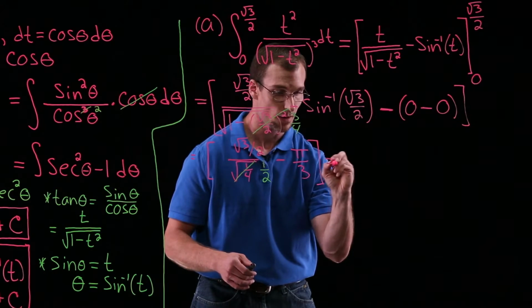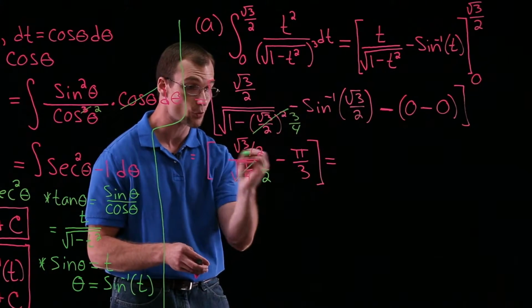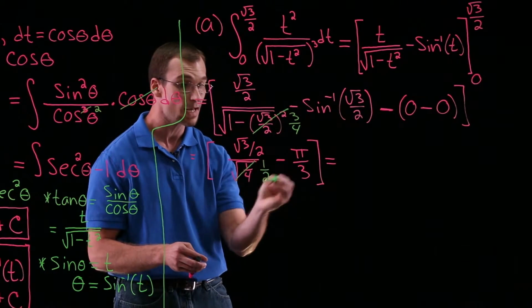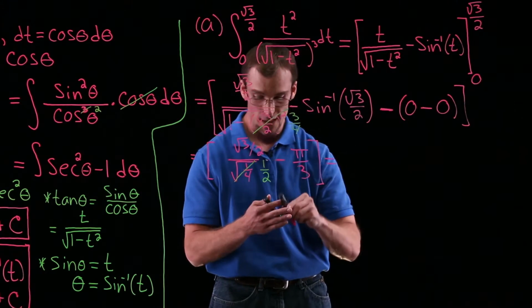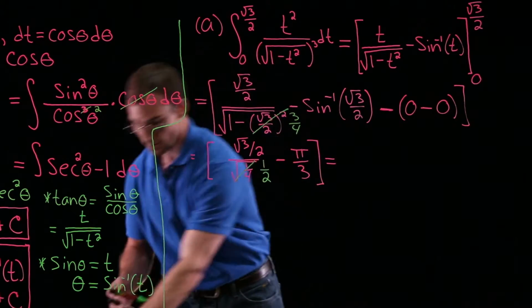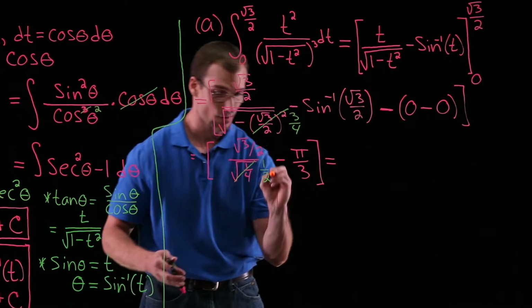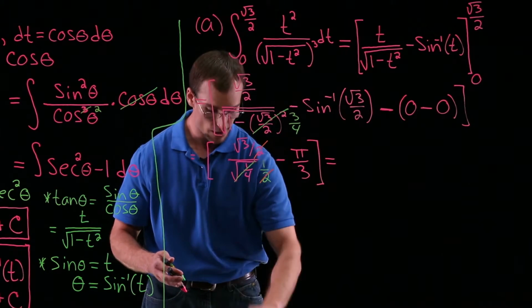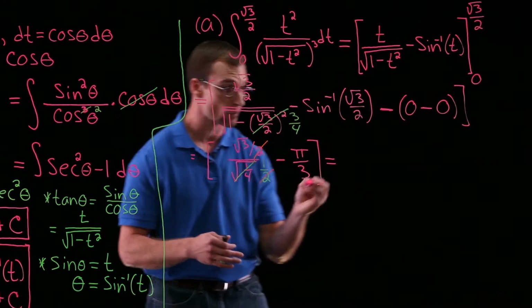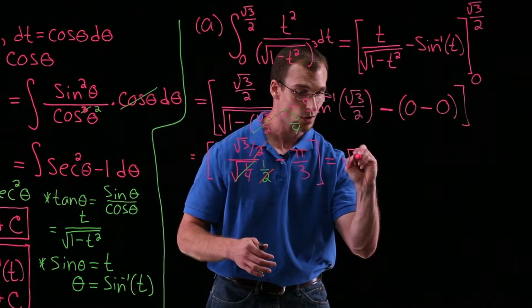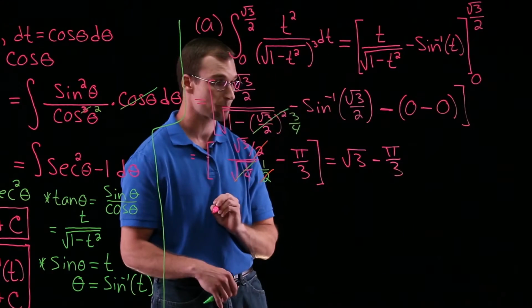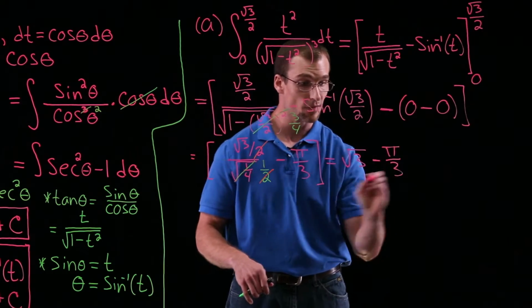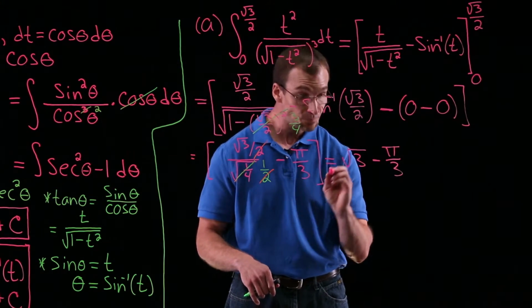Okay, and here we have root 3 over 2 divided by 1/2. Inverting and multiplying, our 2's would cancel in our denominator, leaving us with root 3 over 1, or just root 3, and minus pi over 3. So there's our value in exact form.